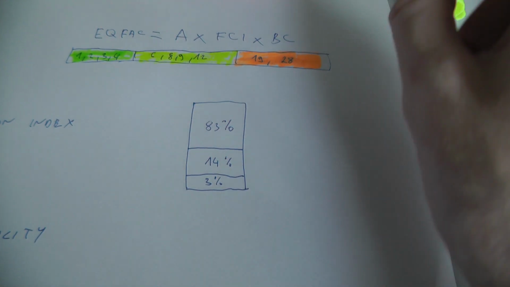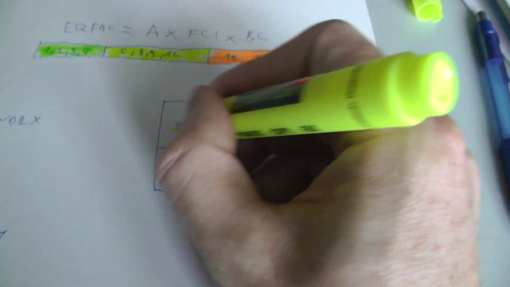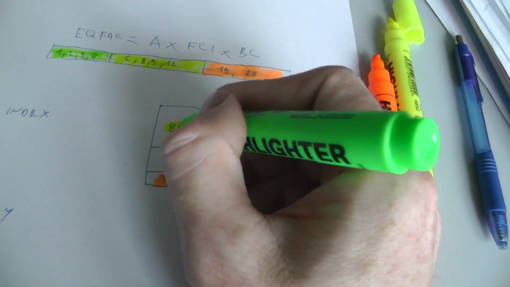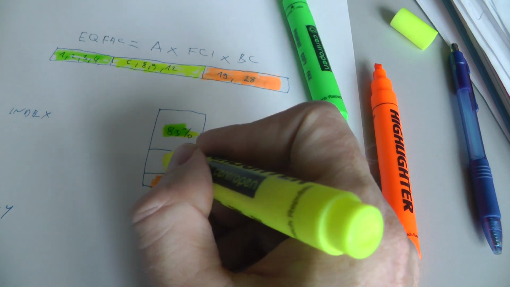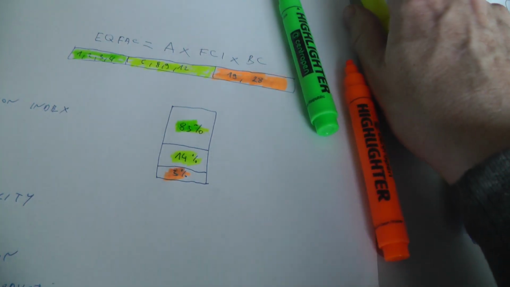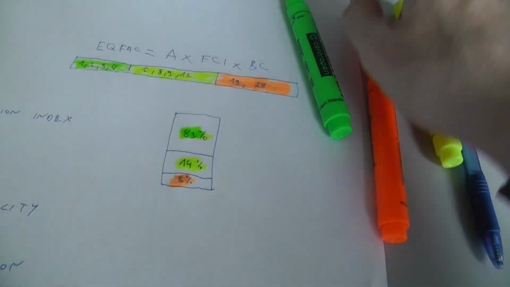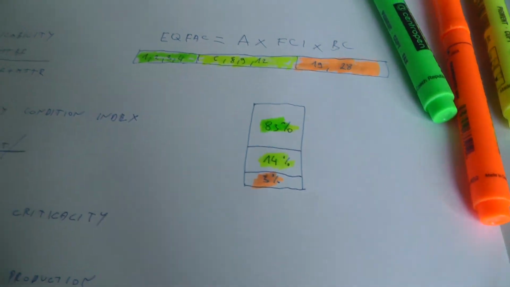This is normal. So this is non-critical, very critical, I'm sorry, non-critical and middle range. If you are starting with something like this in your factory, you can use this solution.